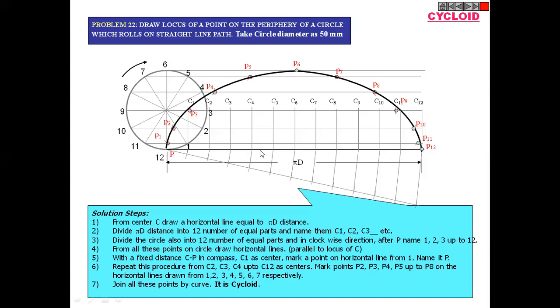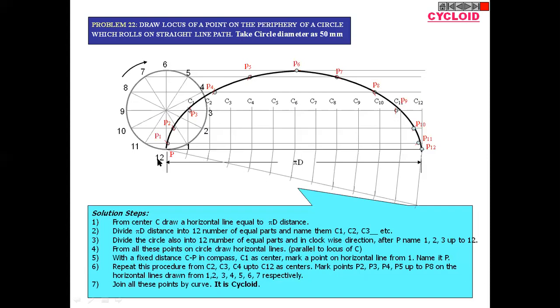You have to divide this directing line into the same number of parts and draw a vertical line from each division. Then you have to mark the different center positions.